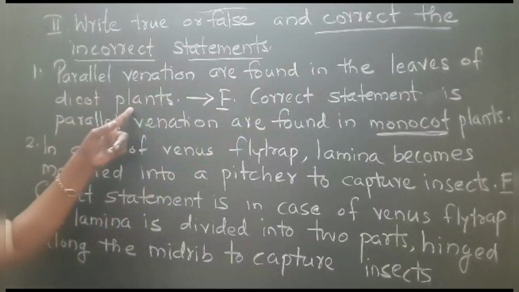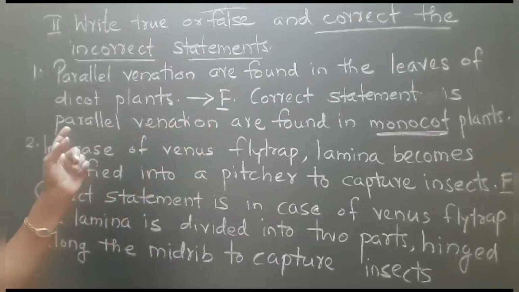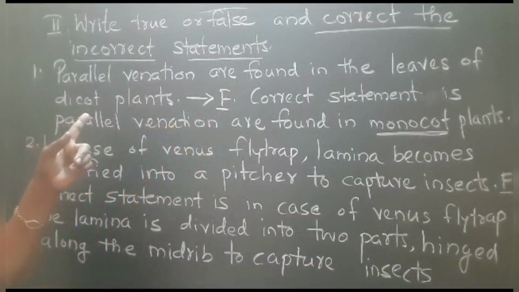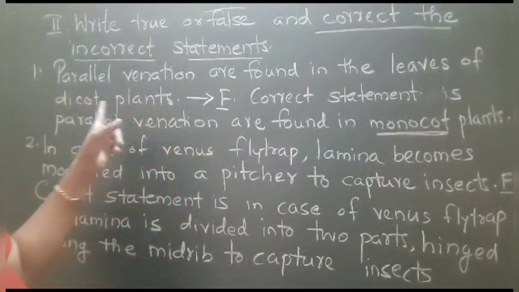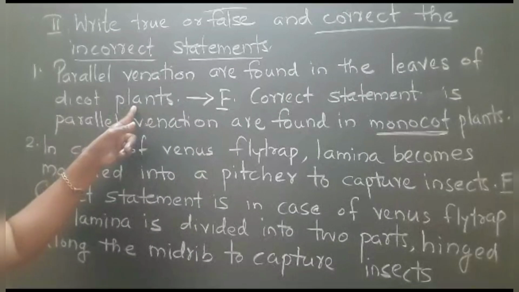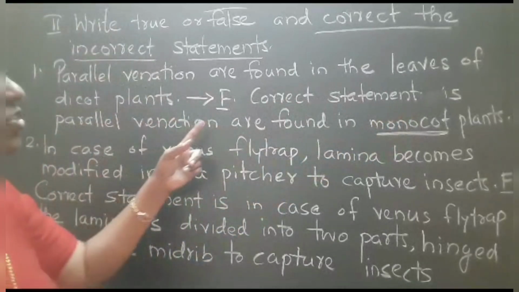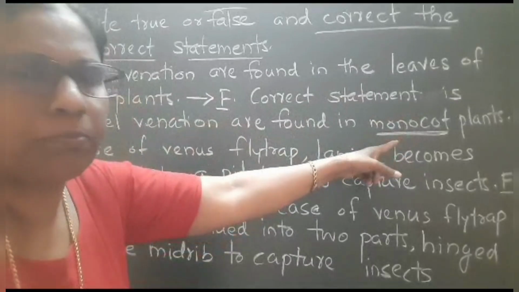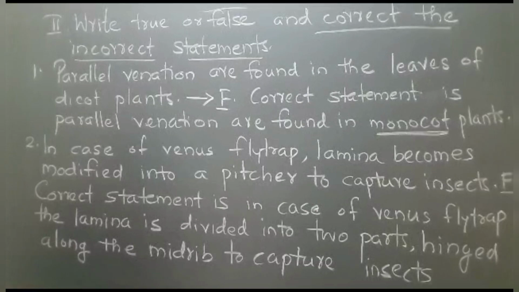That is the statement given. It is false because parallel venation are found in monocot plants, not on dicot plants. So the correct statement is parallel venation are found in monocot plants. I have underlined monocot.